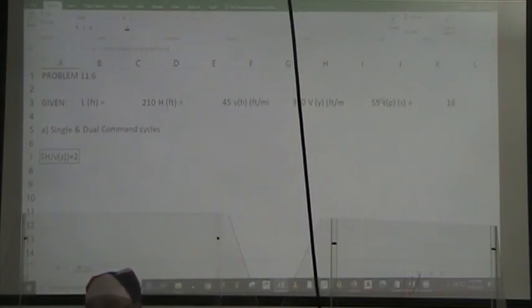Two, pickup and deposit, and that one is TTD.